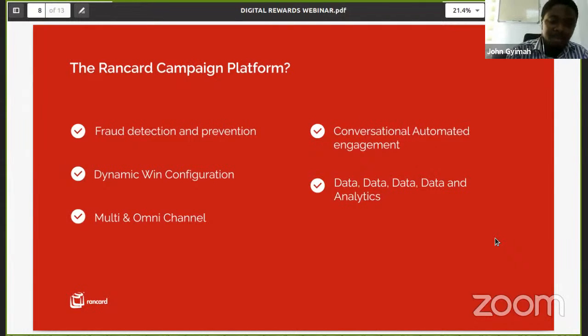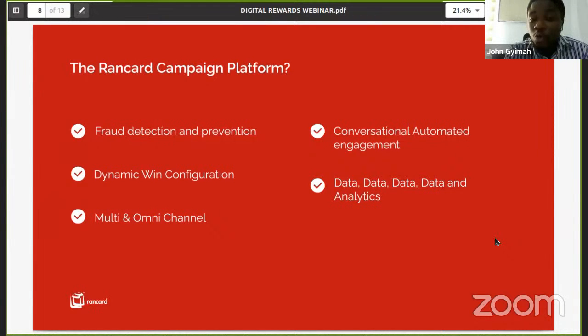And with the omni-channel capability, because we are deployed across multiple channels, our technology is able to identify a consumer irrespective of the channel that they are engaging on. Let me give an example. For a typical campaign or loyalty program where a consumer is supposed to enter 3 valid codes after purchasing a product before they stand a chance of redeeming their prize, a consumer in the first attempt might decide to send the code to the brand via WhatsApp.